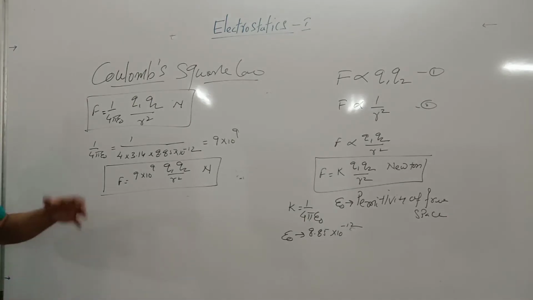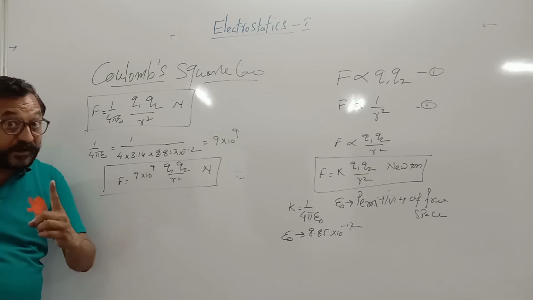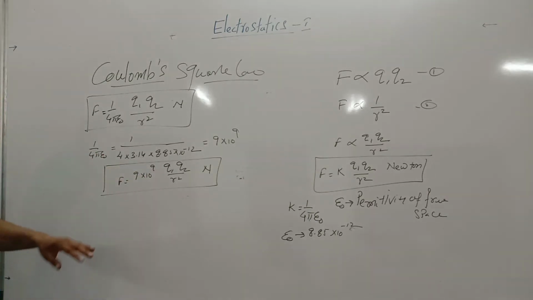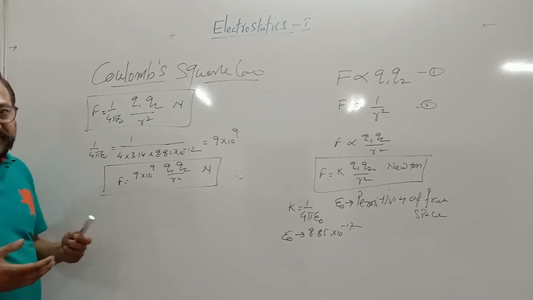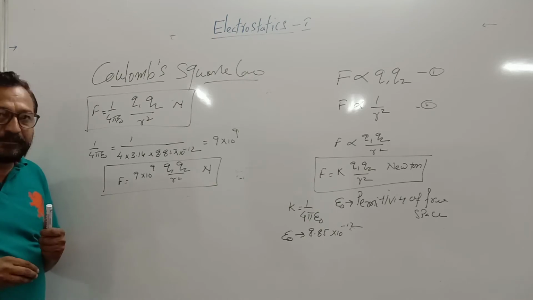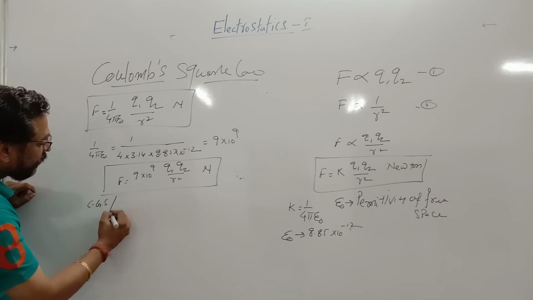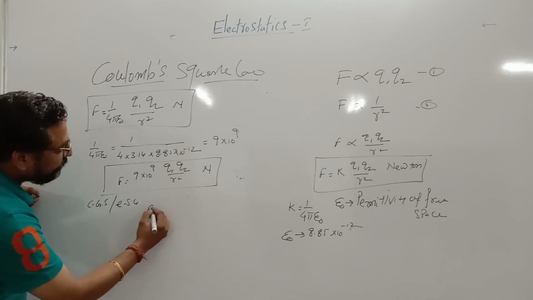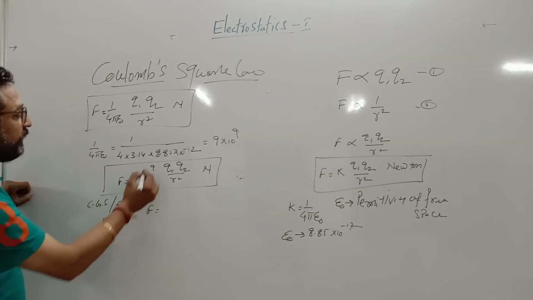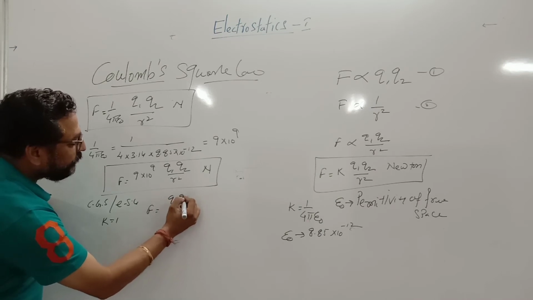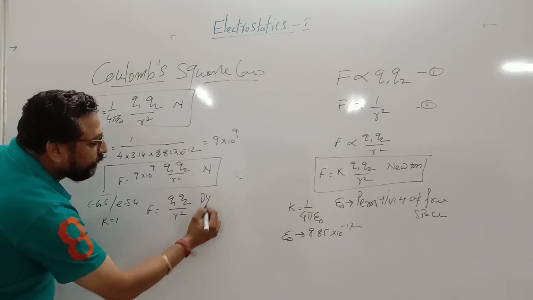On the basis of this formula, we define something very important, 1 Coulomb charge. But first of all, we are going to work in the CGS system also. In the CGS system, or ESU system, K is 1, so F is equal to 1 Q1 Q2 upon R square, and the unit Newton changes to dyne.